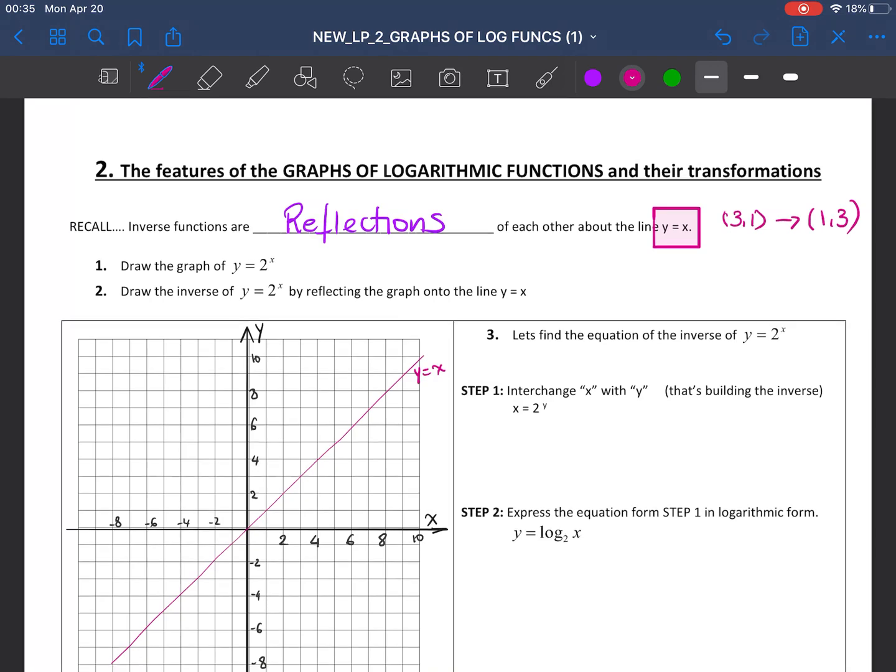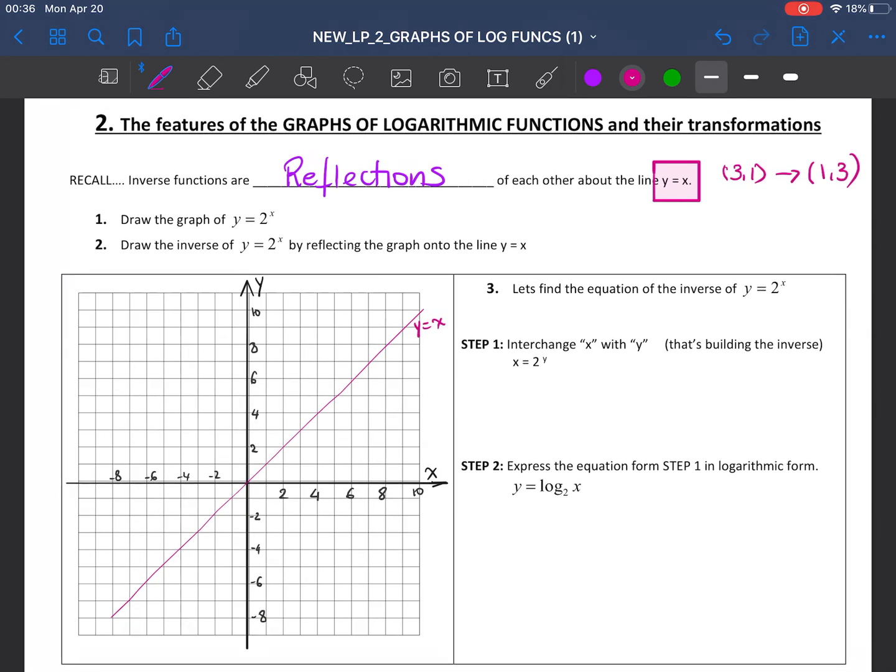So we're going to start by drawing the graph of the inverse of 2 to the power of x. I will quickly start drawing y equals 2 to the power of x first.